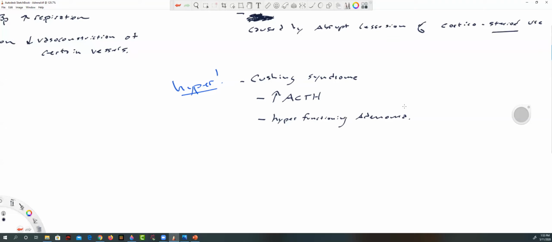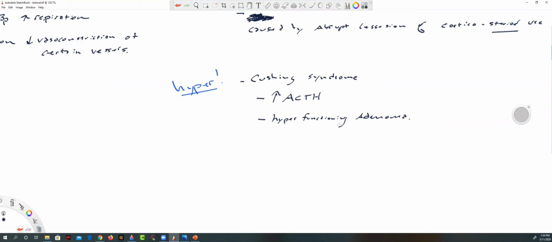They're always benign, but sometimes they're just there. They just sit there. Other times they're hyperfunctioning. Whatever tissue it was created out of, those hormones can be increased throughout the body because of this adenoma. So those are two reasons for Cushing's syndrome.